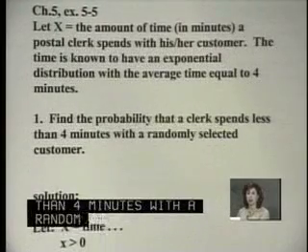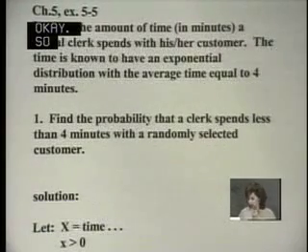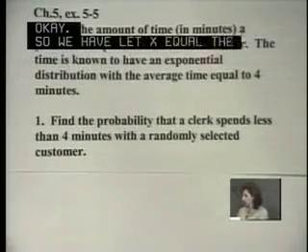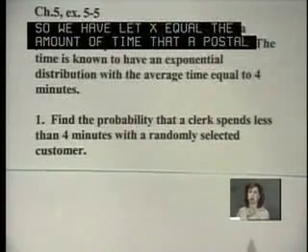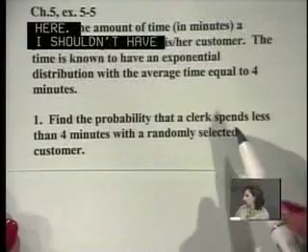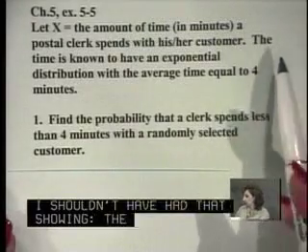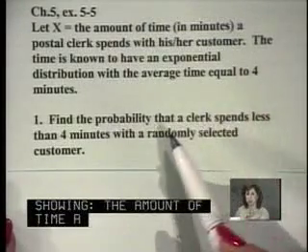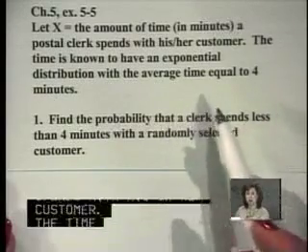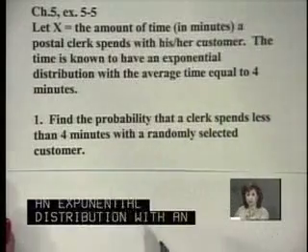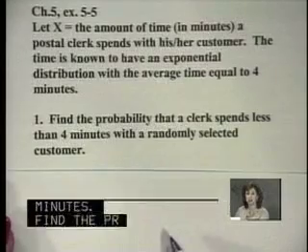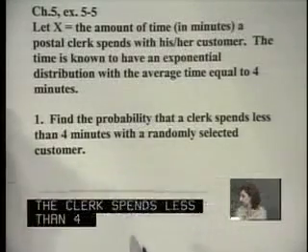Okay, so we have, let x equal the amount of time that a postal clerk spends with his or her customer. I'll cover the solution here, I shouldn't have had that showing. The time is known to have an exponential distribution with an average time equal to 4 minutes. Find the probability that the clerk spends less than 4 minutes with a randomly selected customer.